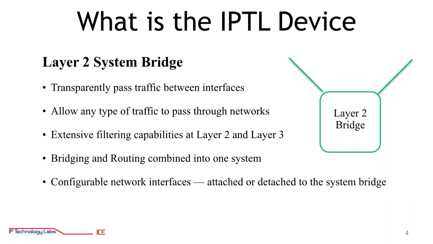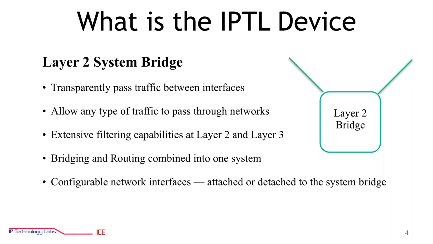The core of the device is a layer 2 system bridge, which allows you to transparently pass traffic between different interfaces. Basically, any interface that's connected to the layer 2 bridge, you can pass traffic between the interfaces as if it was an Ethernet switch. So it allows you to make bridge tunnel connections to remote networks and attach those to Ethernet interfaces to have a transparent link to remote interfaces.